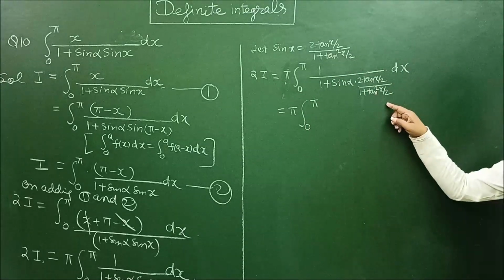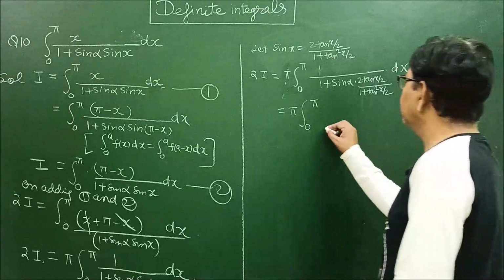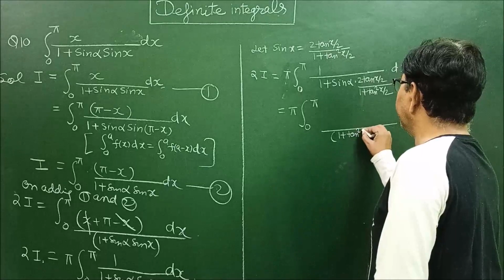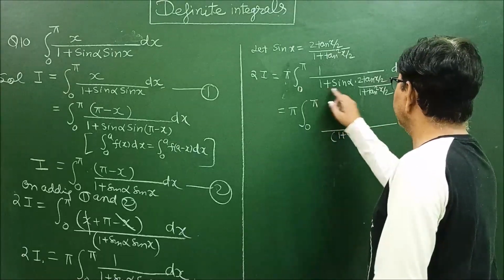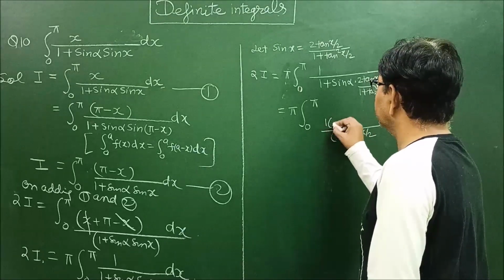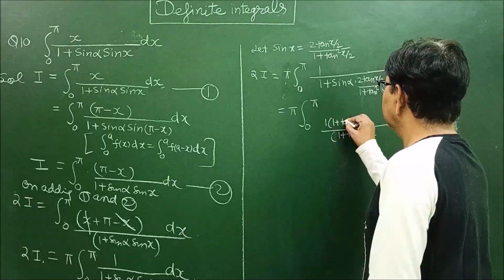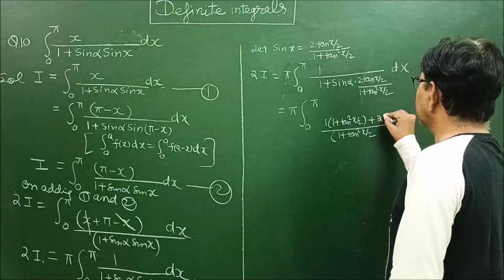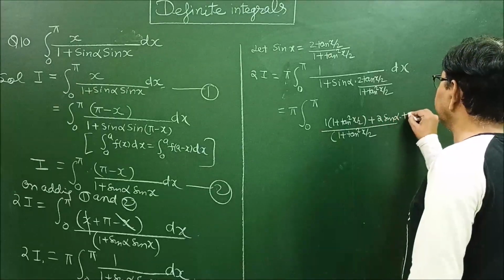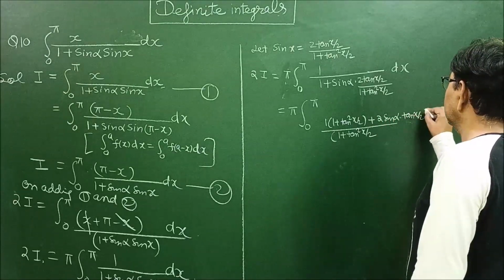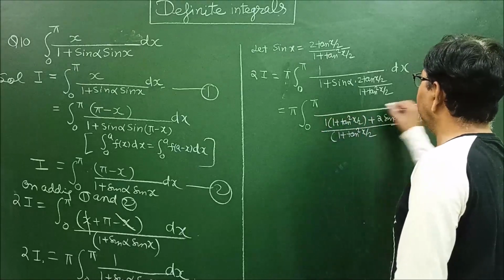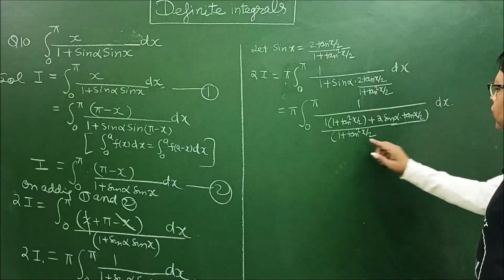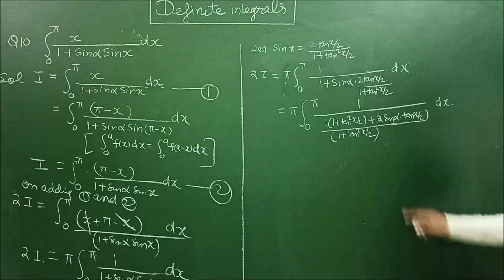Now taking the LCM in the denominator, the LCM is 1 plus tan square x by 2. So we get 1 plus tan square x by 2 plus 2 sin alpha into tan x by 2 in the denominator.